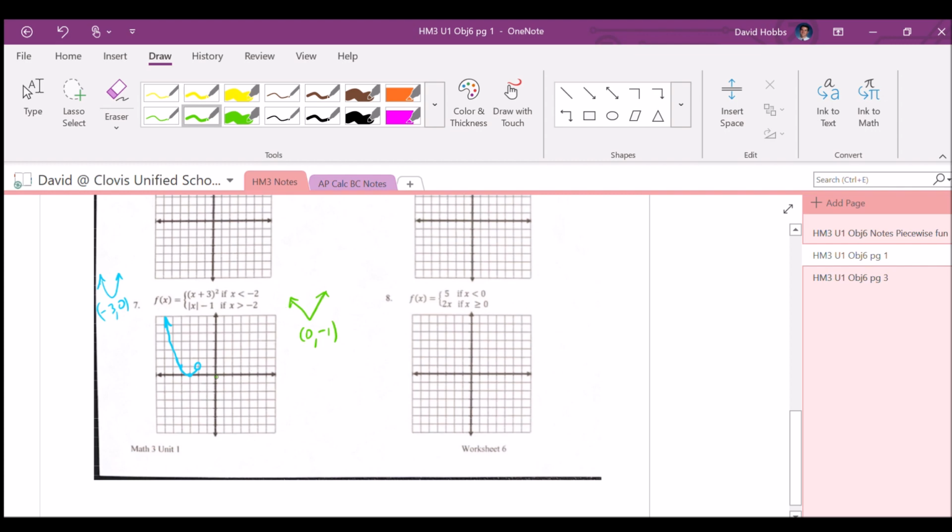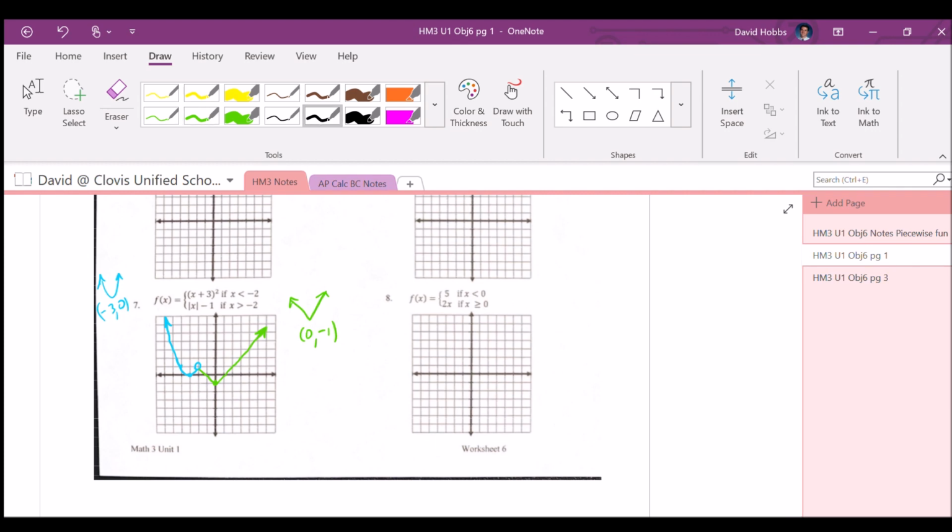The vertex is in the domain, 0, negative 1, and then up 1 over 1. The boundary point is negative 2, but I can't touch that one either. So they kind of connect, but neither one of them has negative 2 in the domain. And then it goes to the right forever. Okay, so doing something like that.